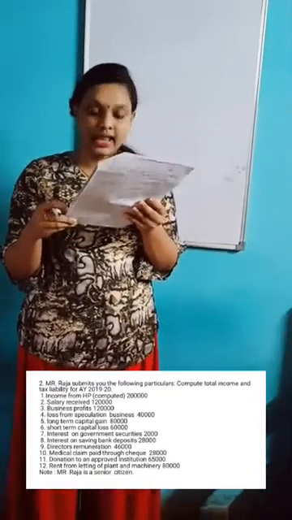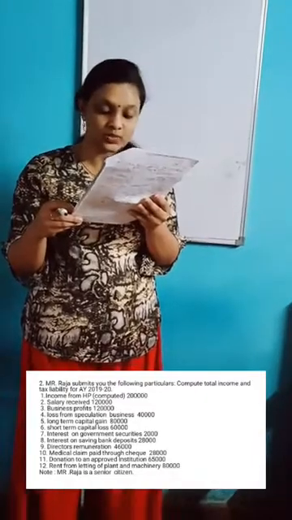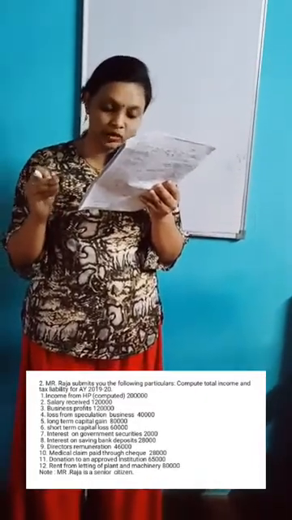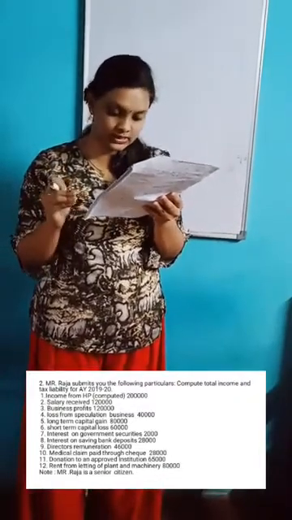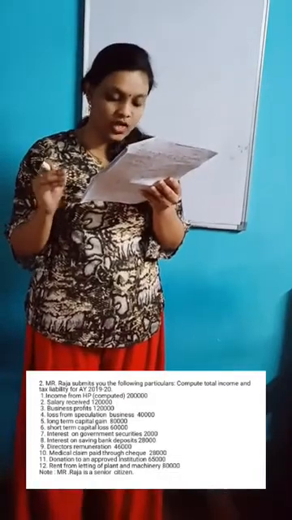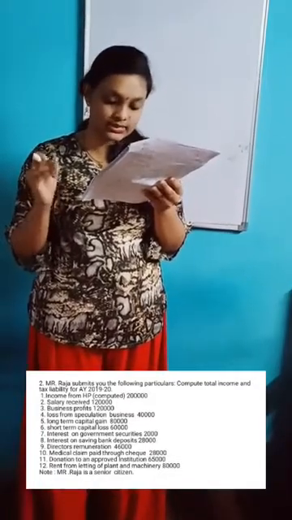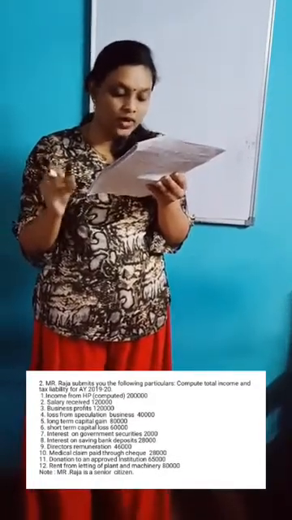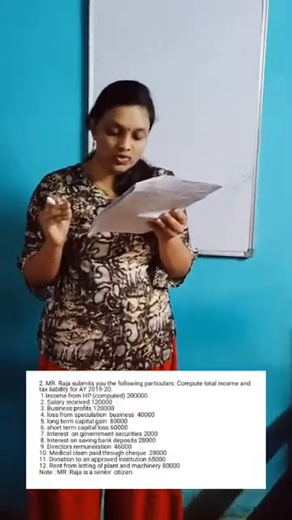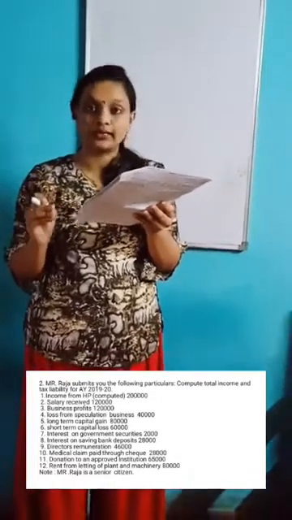Salary received 1,20,000. Business profits 1,20,000. Loss from speculation business 40,000. Long-term capital gain 80,000. Short-term capital losses 60,000. Government securities 2,000. Interest on saving bank deposit 28,000.